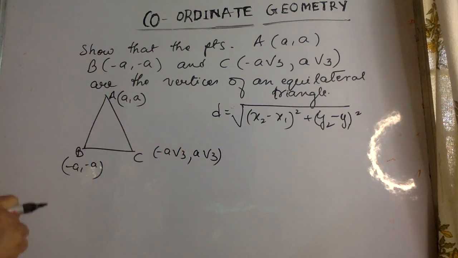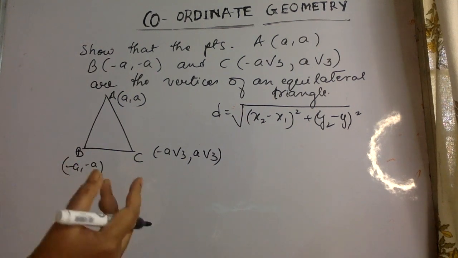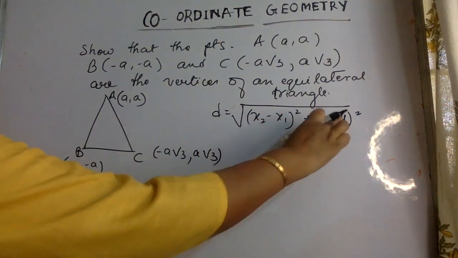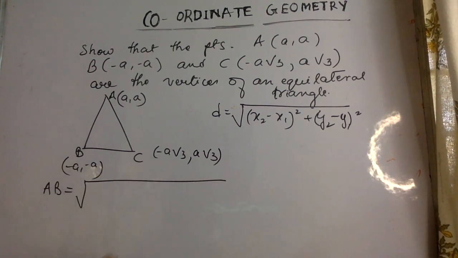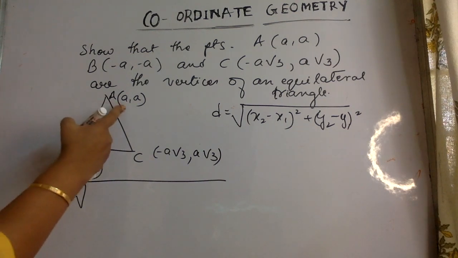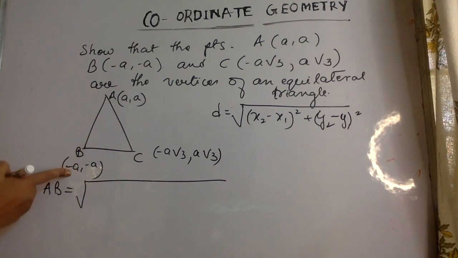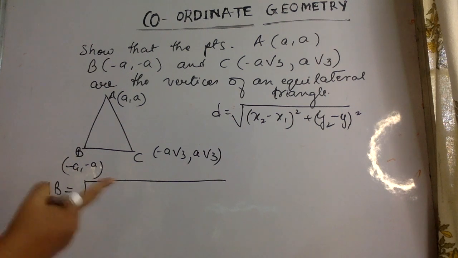an equilateral triangle. One thing where you can go wrong in this is changing the minus sign, so you have to be very careful. Note that. Let's take AB, root over (a minus (-a)). How to do it fast, that I am also telling you.